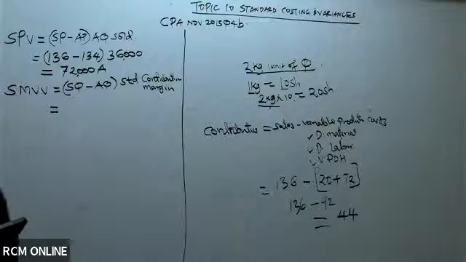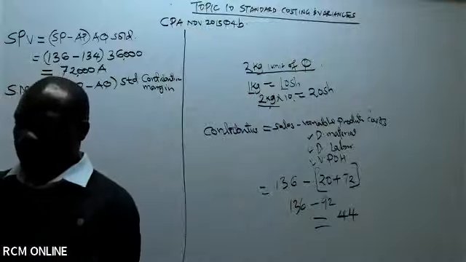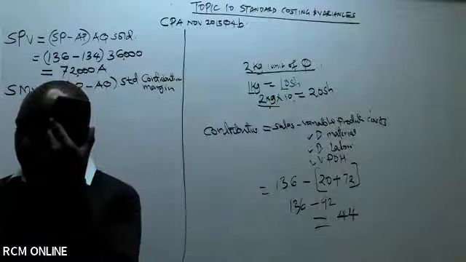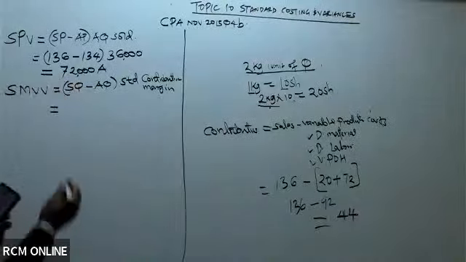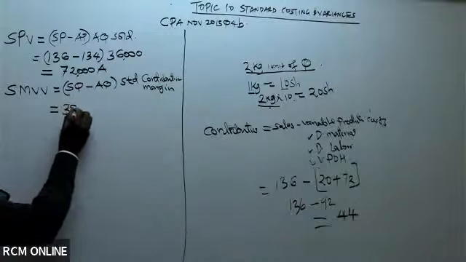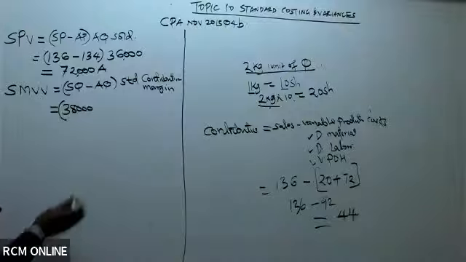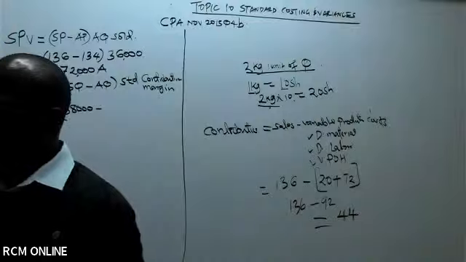Yes, the budgeted sales. So information number one, budgeted sales for the month of October was equivalent to 38,000. Good. How many units were actually sold? How many units did they actually sell?